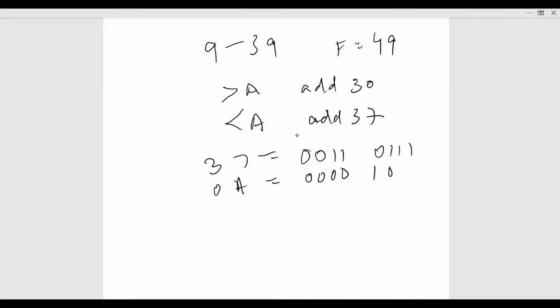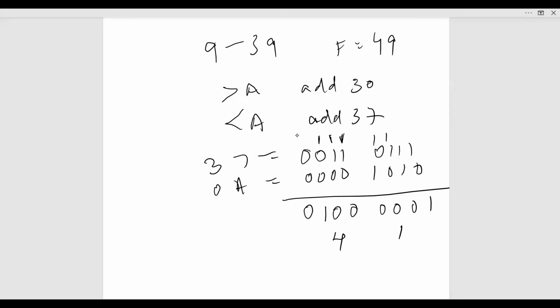Now add them: 1 plus 0 is 1, 1 plus 1 is 0 with a carry 1, 1 plus 1 is 0 with a carry 1, and so on, until the result is 0100 0001. This is nothing but 4 and 1. So for 0A, if we add 37, we get this ASCII value.